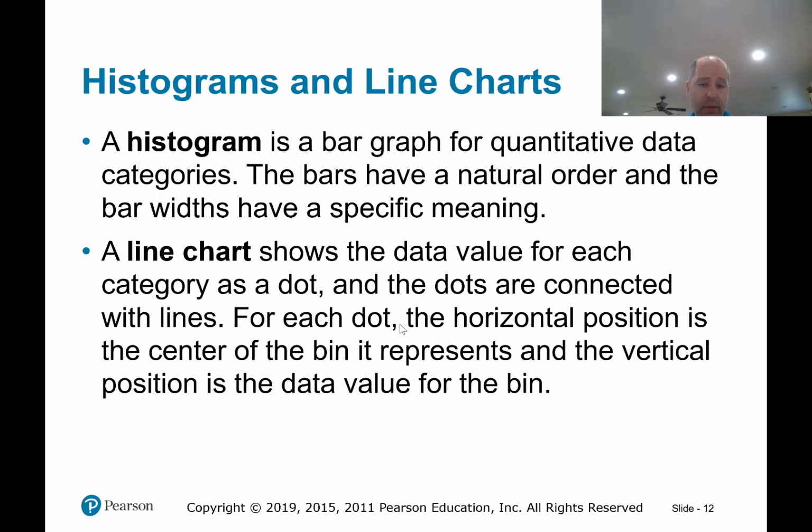If it's grouped, then the horizontal position of the dot is centered in the bin and would represent the data value for the whole bin. So you could use a line graph for grouped data and data that's not grouped.